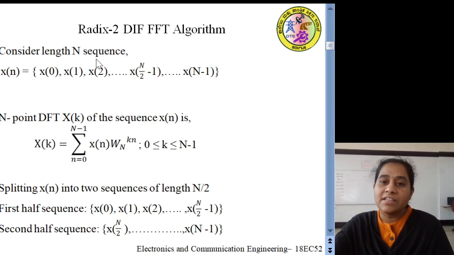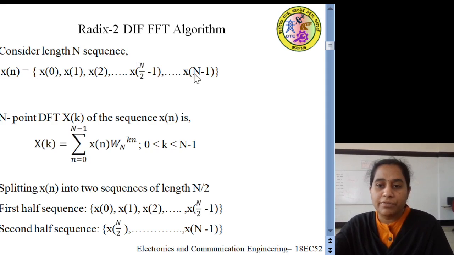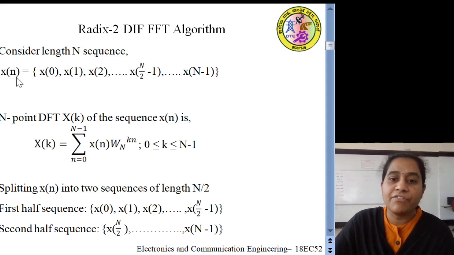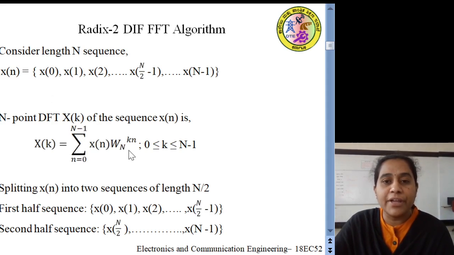So our x of n is a length N sequence, that is it is having x of 0, x of 1, x of 2 up to x of N by 2 minus 1 till x of N minus 1. So there are N number of samples. The N-point DFT of this x of n is given by X of k equal to summation n varying from 0 to N minus 1 x of n into W_N raised to the power kn, for k varying from 0 to N minus 1.